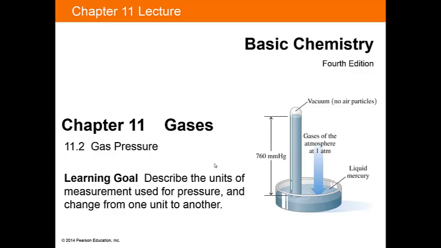All right, so let's talk about the gases. We're going to describe the units of measure used for pressure, and then how to change back and forth from one unit to another, which is pretty straightforward. This is something they use as a barometer to actually gauge pressure.